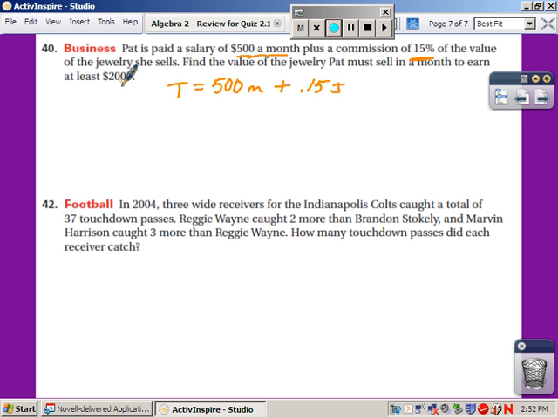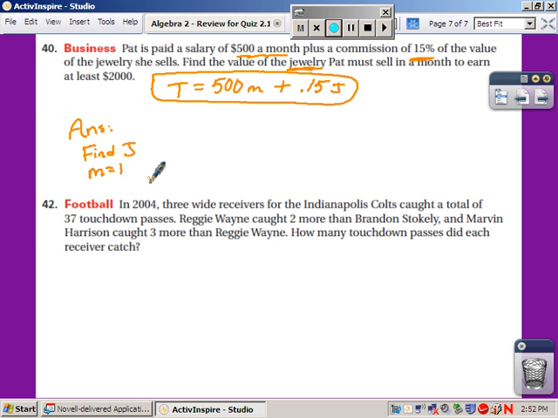So in this case, it says, find the value of the jewelry Pat must sell. So this is the expression right here that we've come up with. But what we want in this problem, for the answer, is to find the jewelry, to find J, if she wants to make, for 1 month, so M equals 1 month, a total of $2,000.